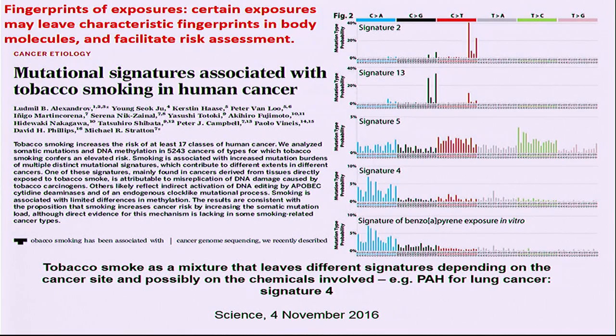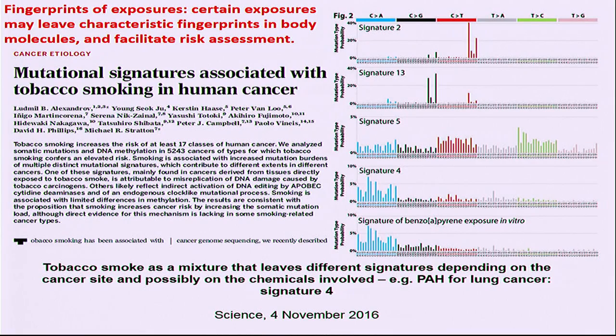And he did a whole genome sequencing of biopsies from different types of cancer, comparing smokers and non-smokers. And what came out was that mutational signatures were quite different for certain cancers compared to other cancers.